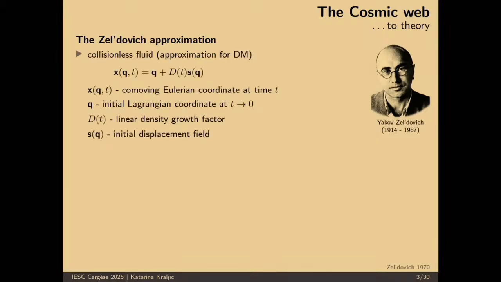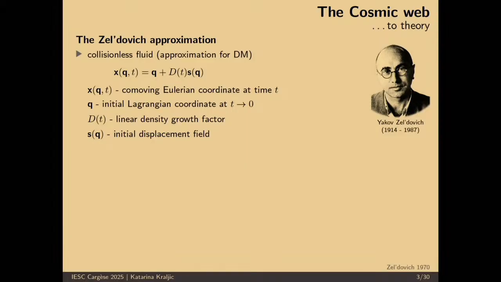So it's called the Zeldovich approximation. So what is that? The Zeldovich approximation was formulated for a collisionless fluid, so it's a good approximation for dark matter. It has a simple form in comoving coordinates, and it relates essentially the initial positions of the fluid at time 0 to the position of this fluid element at time t through this explicit relation.